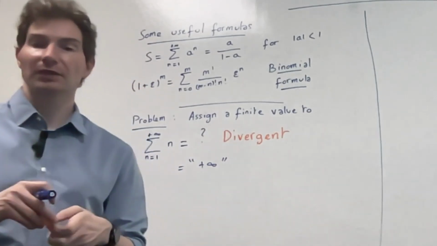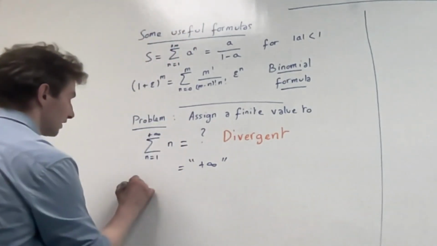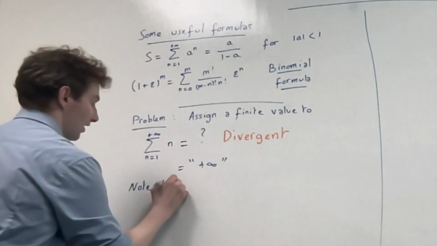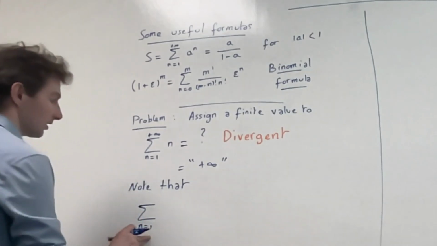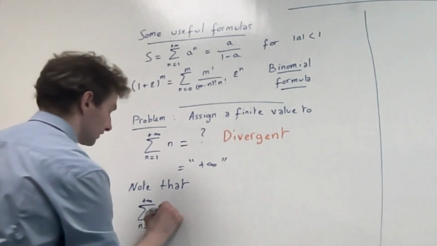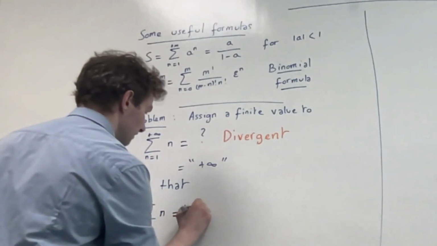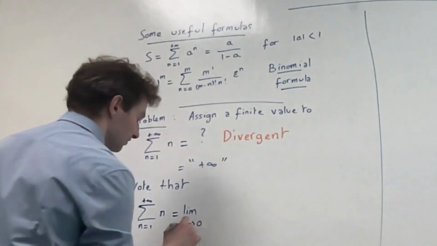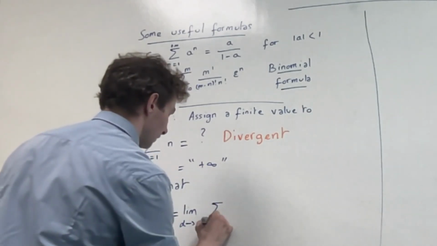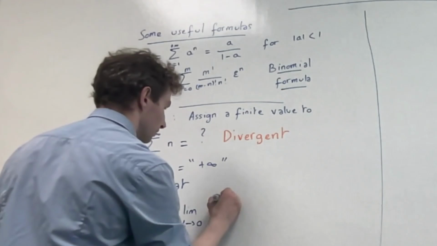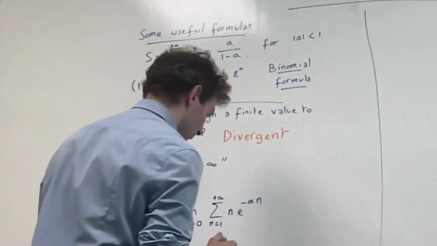And how do we do that? What we are going to look at is the following. We note that the sum for n equal to 1 to plus infinity of n is equal to the limit when alpha tends to 0 of the sum for n ranging from 1 to plus infinity of n exponential minus alpha n.